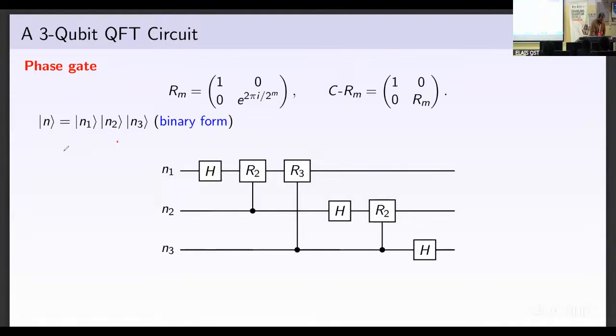So 0.875, say, can be written as 0.111 or something like that. So n1 will be 1, n2 will be 1, and n3 will be 1. This is the meaning of n1, n2, and n3 in the binary form.